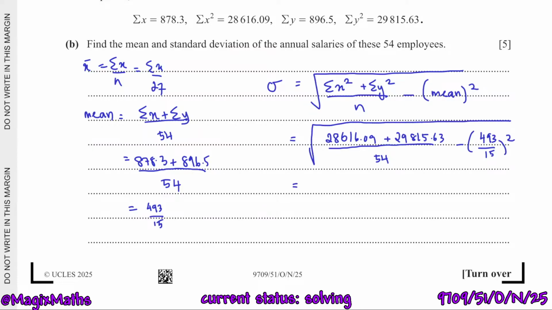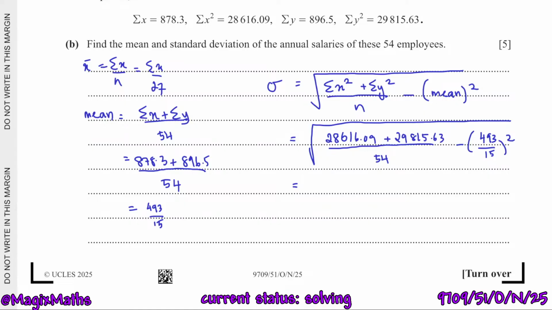And square root. So we should obtain 28616.09 plus 29815.63 by 54 minus our mean of 493 over 15 squared.